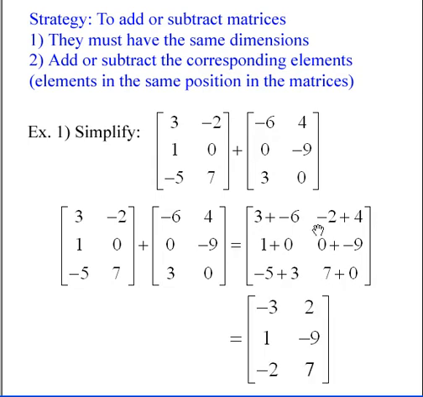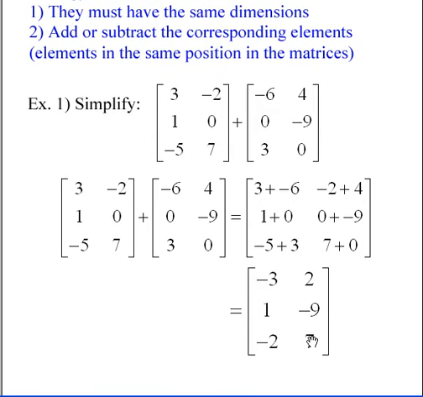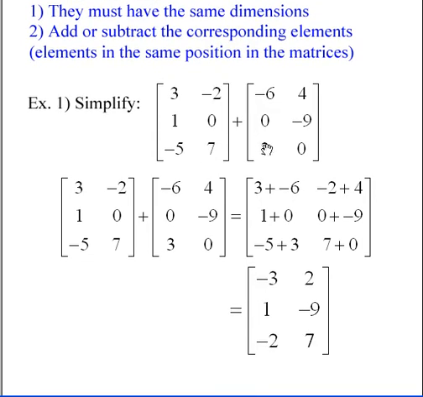And when we simplify that, 3 plus -6 is -3, -2 plus 4 is 2, 1 plus 0 is 1, 0 plus -9 is -9, -5 plus 3 is -2, and 7 plus 0 is 7, and that would be the result of adding these two particular matrices.